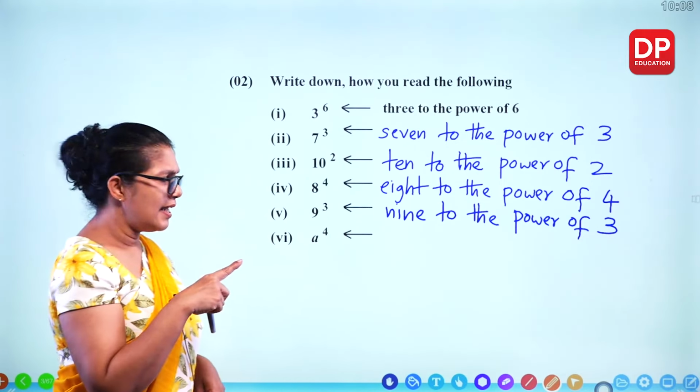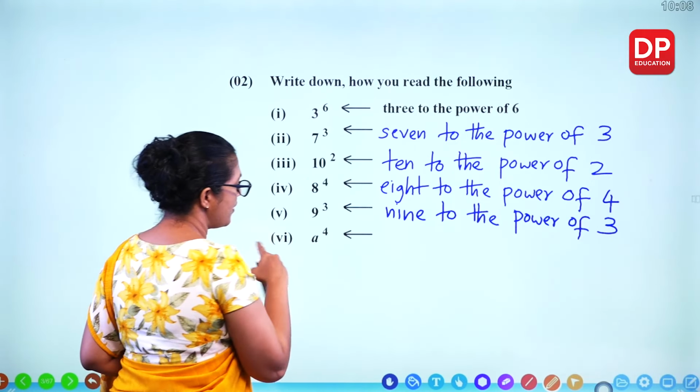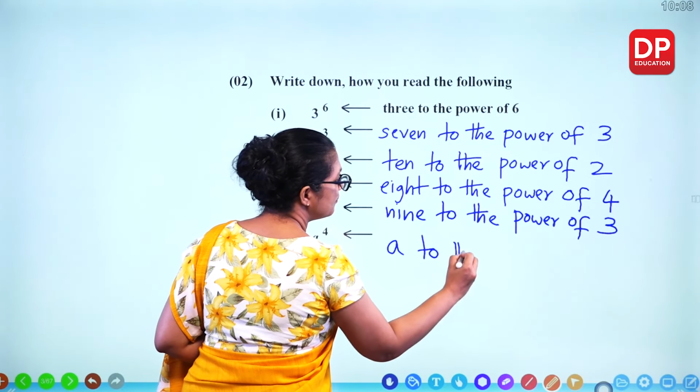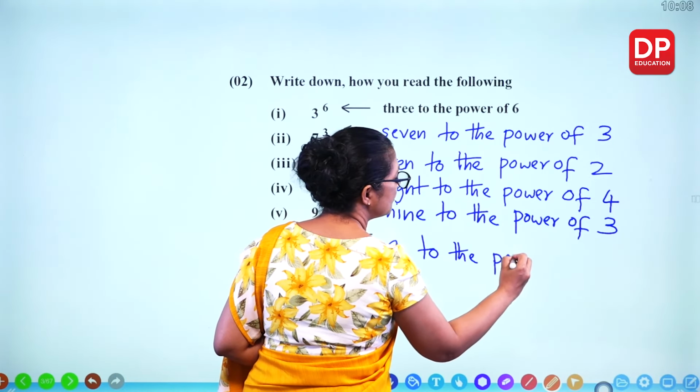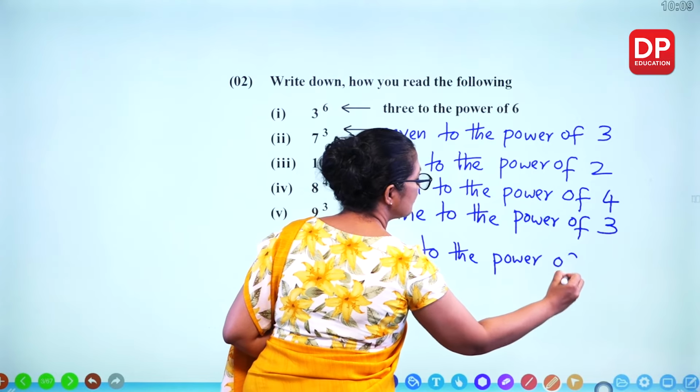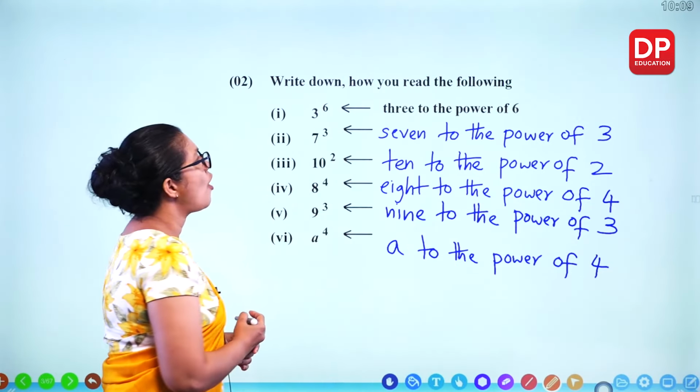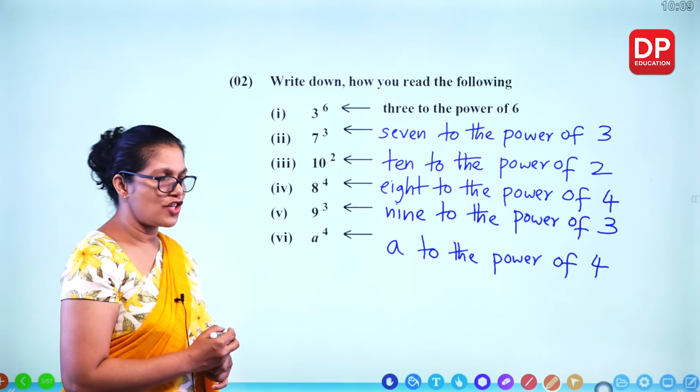And now a letter. So how can you read this? A to the power of 4. So now you know how to read these index notations.